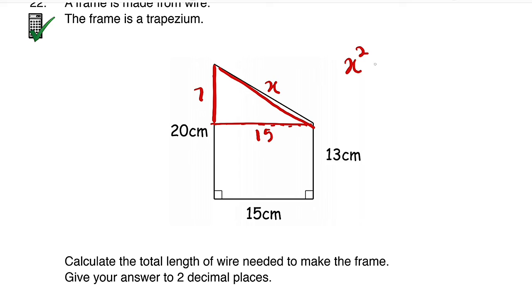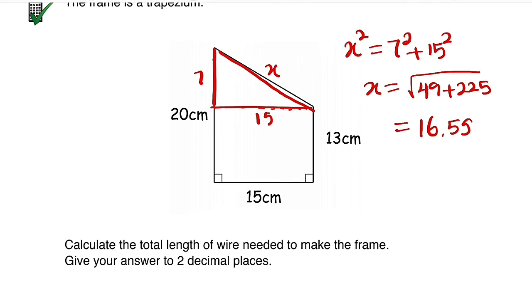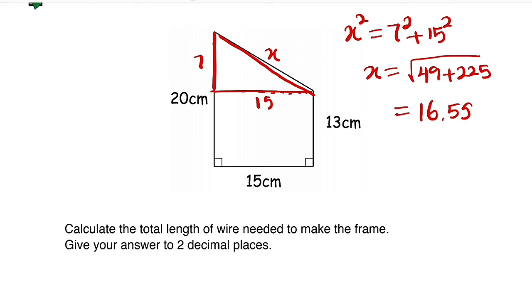So x squared will be equal to 7 squared plus 15 squared, and x will be equal to the square root of 7 squared is 49. This is 225, right? And the whole of this is the same thing as square root of 274, which is equal to 16.55 in 2 decimal places. So the length of the wire required will be the sum of 20, 15, 13, and this.